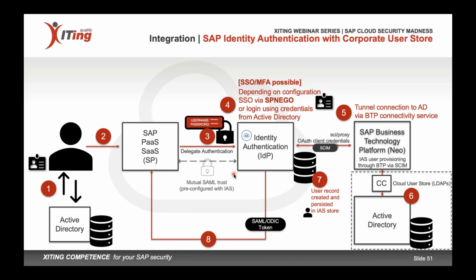Result is that you will receive a SAML token and you will have a single sign-on to your cloud application. So the idea of this scenario, more or less, is that you don't have to take care of any user provisioning process. It's not federation, so you don't need a corporate IDP at all. And you can reuse your existing AD groups for authorization.